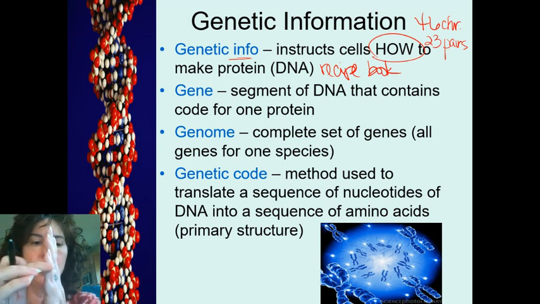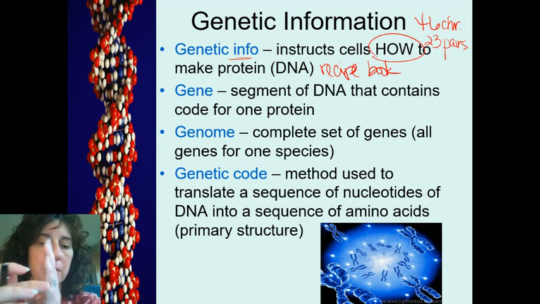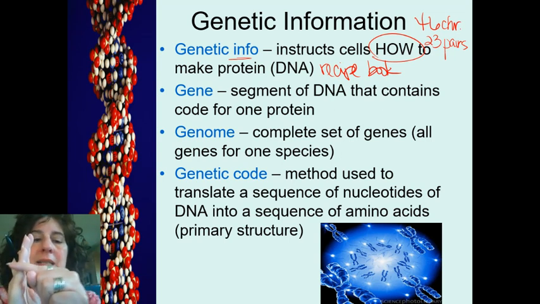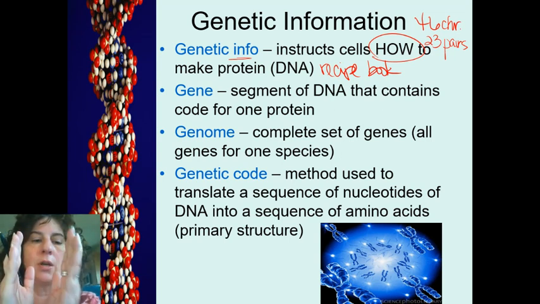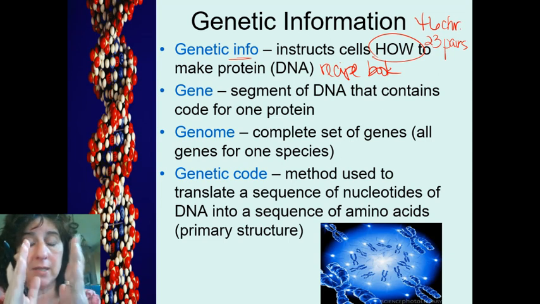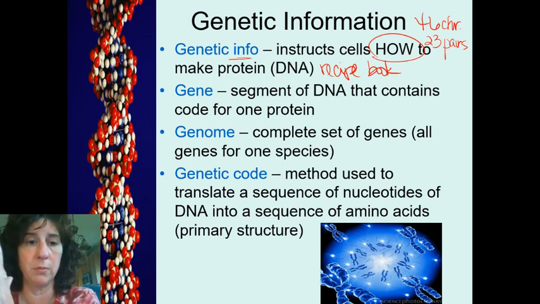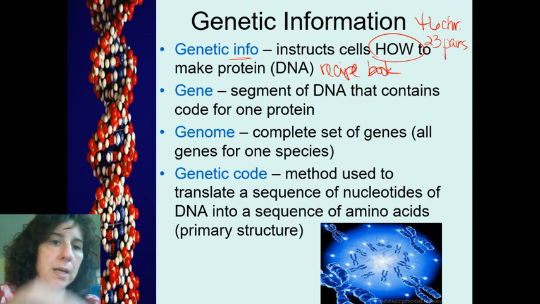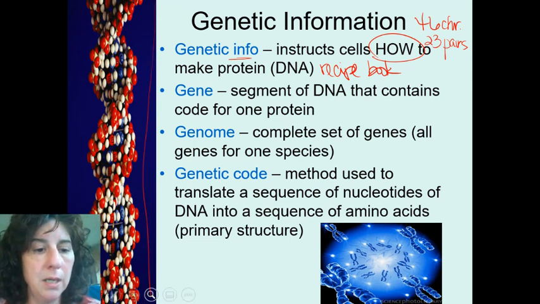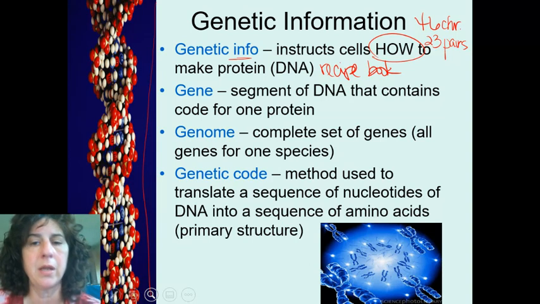So if I have a gene on one chromosome for, let's go with something obvious like my hair color, then I have a gene on another chromosome exactly like it in the exact same place for hair color that I got from my other parent. So I have these matching sets of chromosomes. Each chromosome is a long strand of DNA that has many, many, many genes on it.